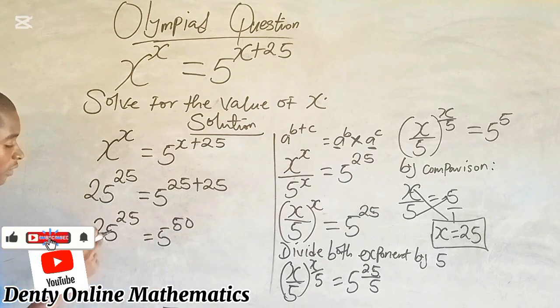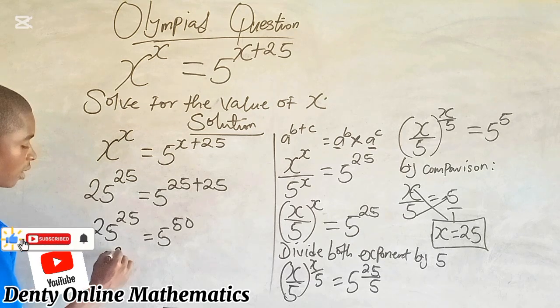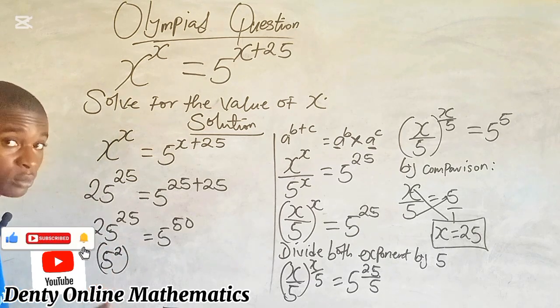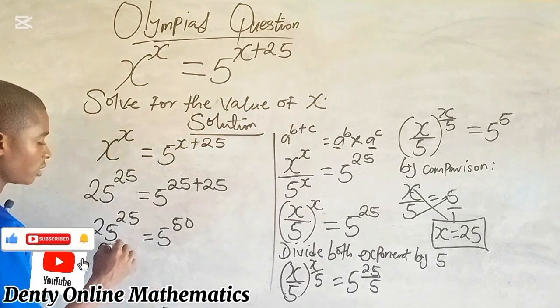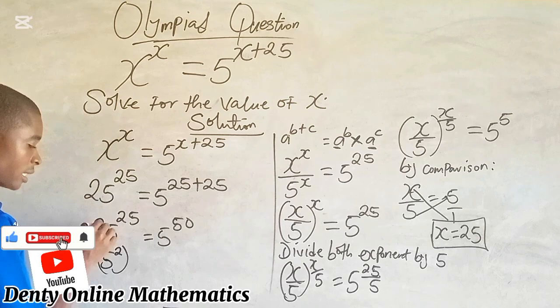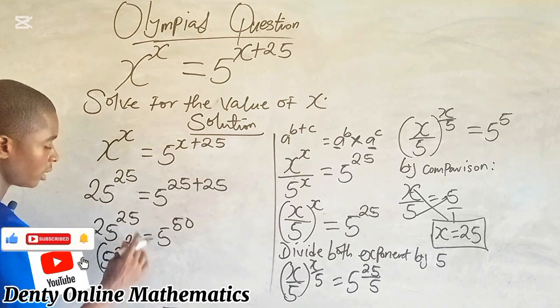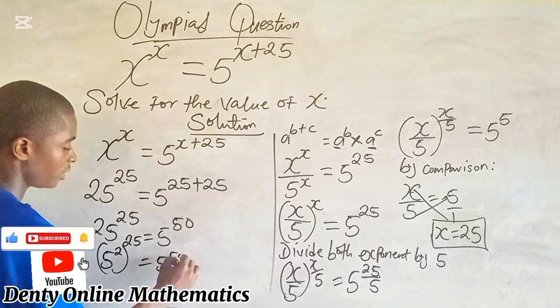Now 25 can be expressed in index form as 5 raised to the power of 2. That's for this first one. You know, 5 raised to the power of 2 means 5 times 5, which is 25 also. So 5 raised to the power of 2 for this 25 as the base will be raised to another 25, and all of this will be equal to 5 raised to the power of 50.